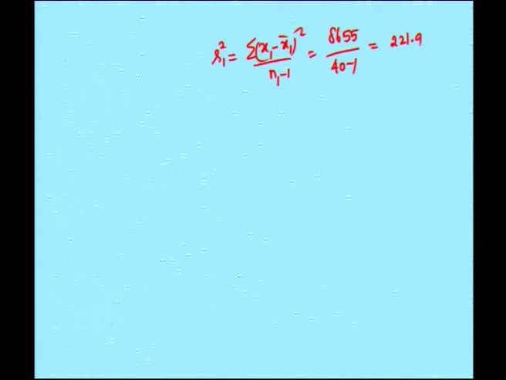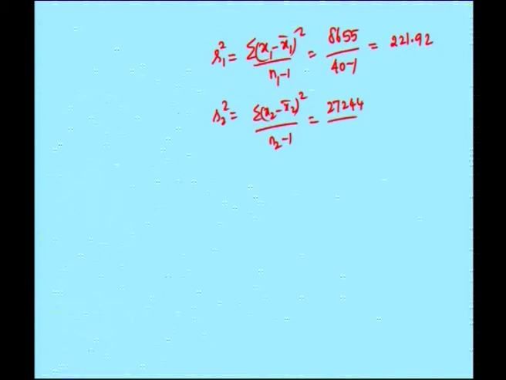Therefore, S1 square is summation x1 minus x1 bar whole square by n1 minus 1, which is 8655 divided by 40 minus 1, equal to 221.92, and S2 square is summation x2 minus x2 bar whole square by n2 minus 1, which is 27244 by 110 minus 1, equal to 249.94.